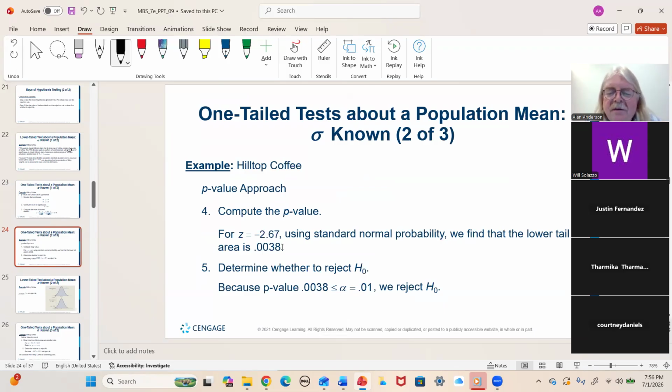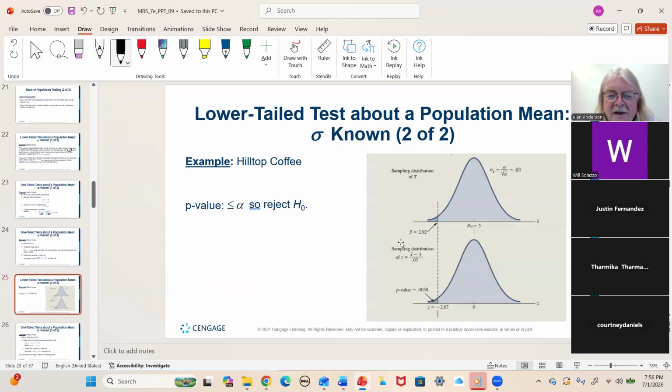P-value is easy because once you calculate it, you can compare it to alpha and make a decision. P-value less than or equal to alpha, we reject. Otherwise, we don't. The other option is to take the test statistic and compare it to a critical value and make a decision based on that.